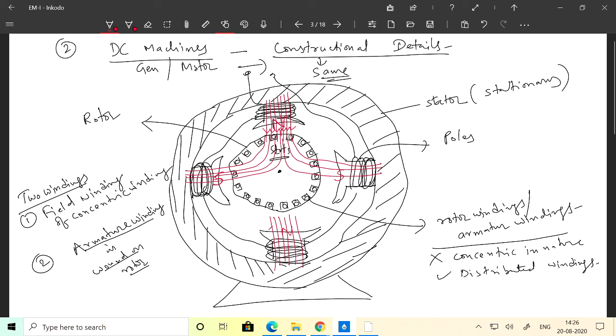And these fluxes coming from the bottom north pole will be going like this. Few will go inside and a few will go like this. And they will form closed circular loops.